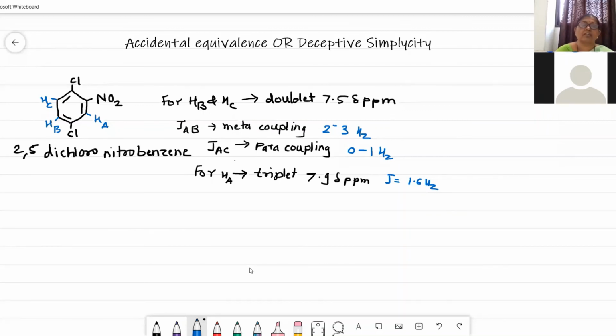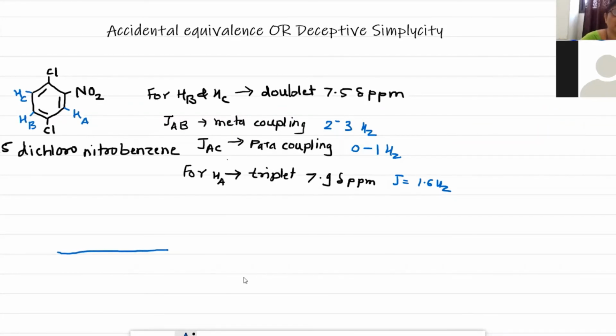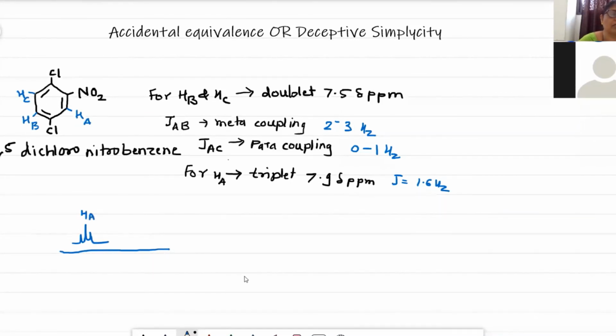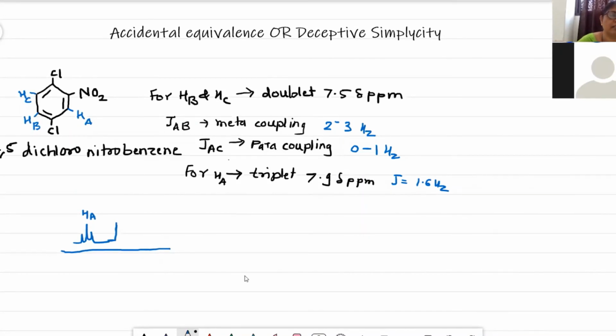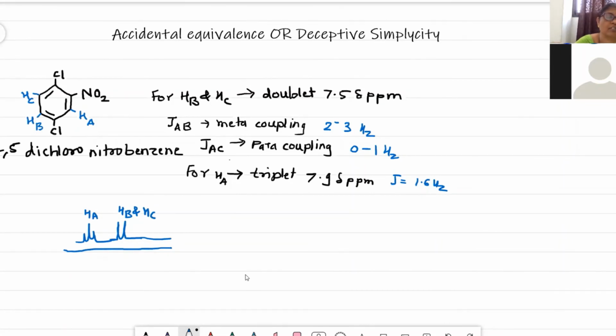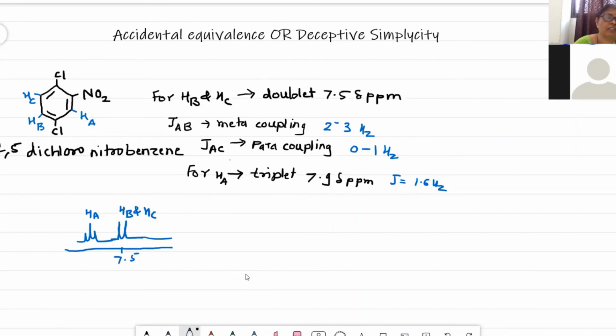Remember that. For HA we get the triplet, and HB and HC give the signal at 7.5, while HA signal is obtained at 7.9.